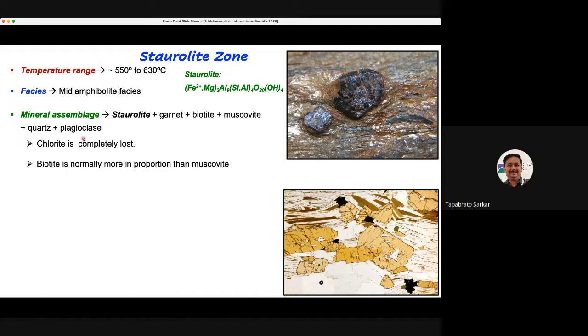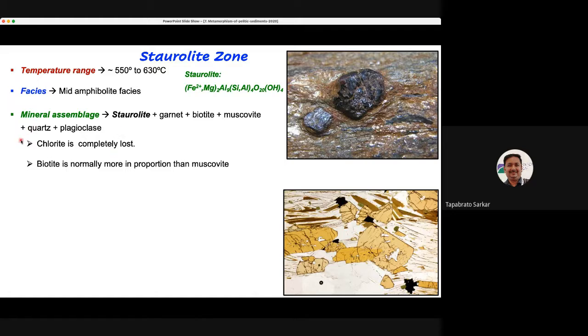Now what you see is that this is the index mineral in the staurolite zone, which means that staurolite appears in the rock, but garnet, biotite, muscovite, quartz, plagioclase, at least the previous minerals which appeared in the previous zones, are also prevalent in these rocks. What is important?